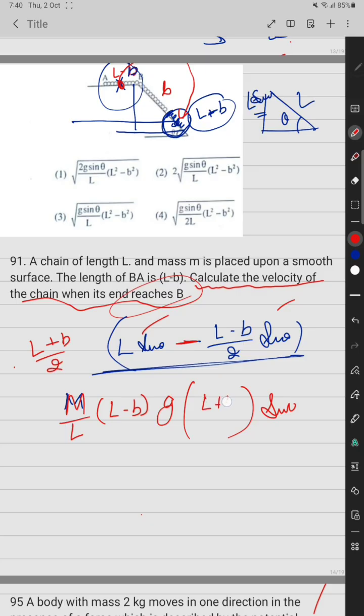So it is L plus B by 2, and the whole potential energy converts into kinetic energy, and the kinetic energy of the chain is half m v square.